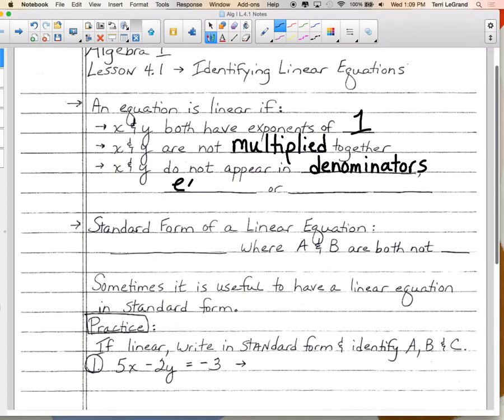If they appear in an exponent, not saying the exponent is 1, but if instead the exponent is x or y, like 2 to the x power, or 3 to the y plus 1 power, that creates a whole different kind of graph, not a line. And the last one, or if they appear in radical signs.